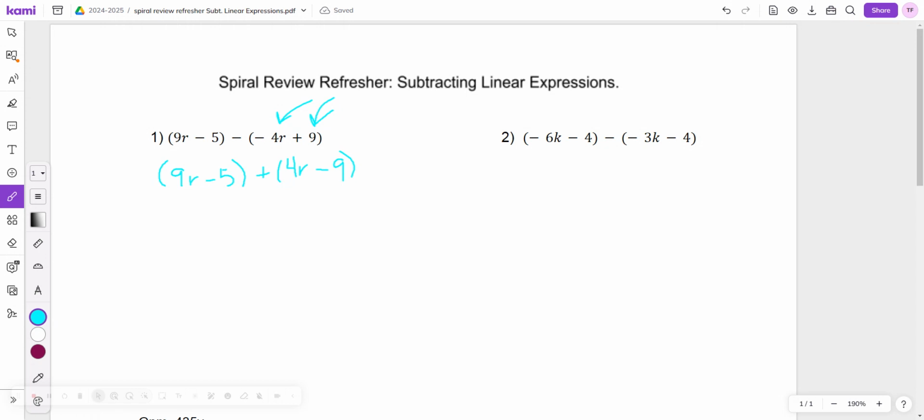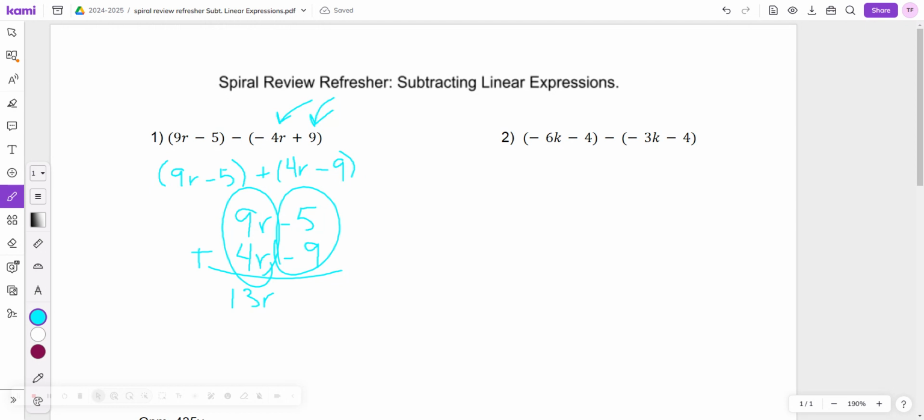So I'm going to rewrite this one more time, 9r minus 5, and directly underneath it, I'm going to put 4r minus 9. So now I'm going to add them two together. So I'm going to take 9r plus 4r. That gives me 13r. Then I'm going to add negative 5 plus negative 9, or negative 5 minus 9.